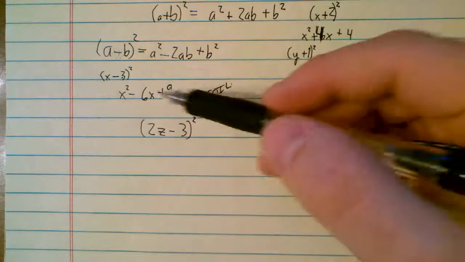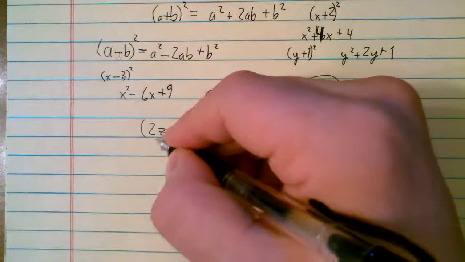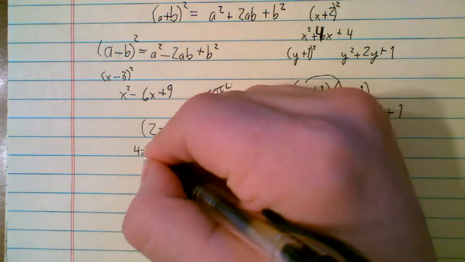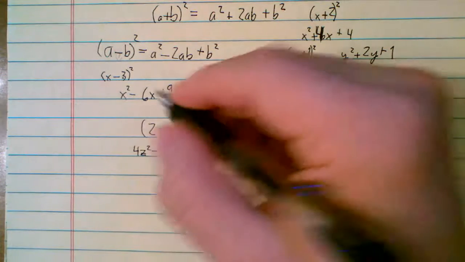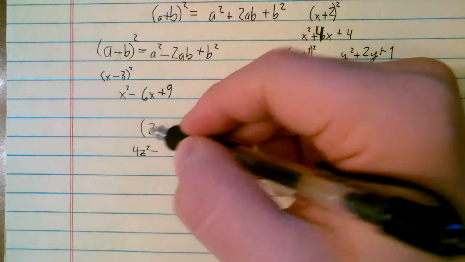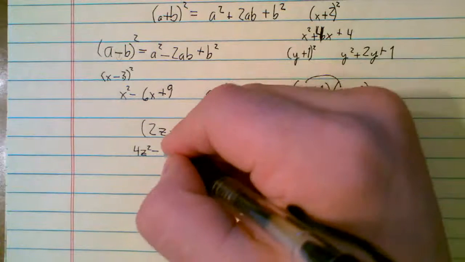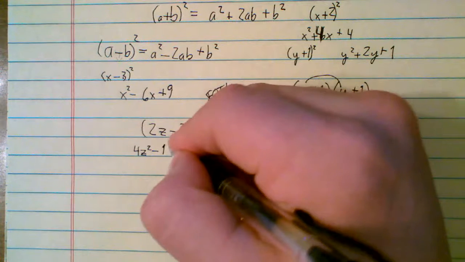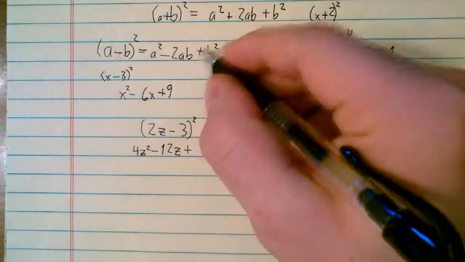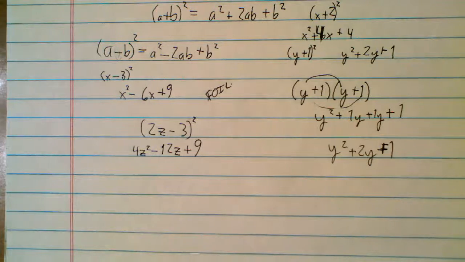Using this technique, we know that a minus b squared is equal to a squared, which is 2z squared, which is 4z squared, minus 2 times a, so 2 times 2z is 4z, times b, which is 3, so 3 times 4 is 12z, plus b squared, 3 times 3, which is 9. And that would be your answer.